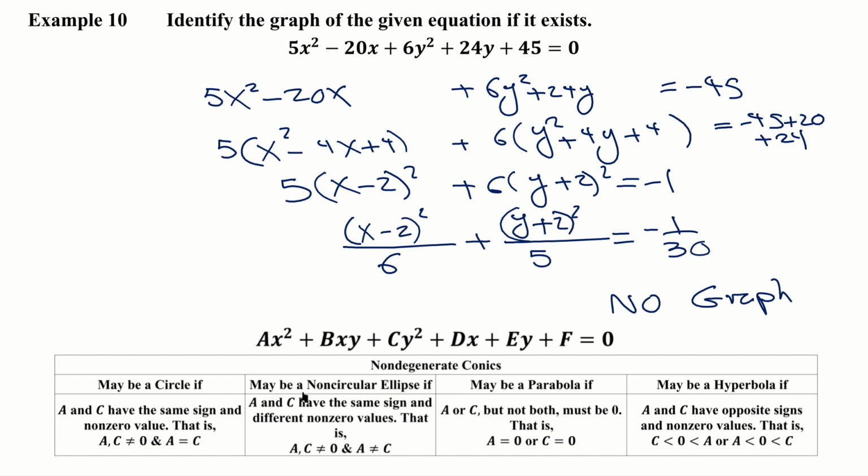So that's why we said it may be a non-circular ellipse, because this scenario may happen, in which case it's what? It's none of the above. So that's why it is never good just to rely on these tests that we have in general form. They only give us possibilities. For certainty, you always want to go to standard form.